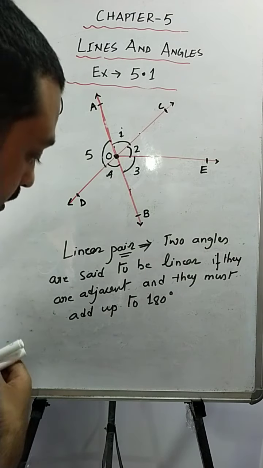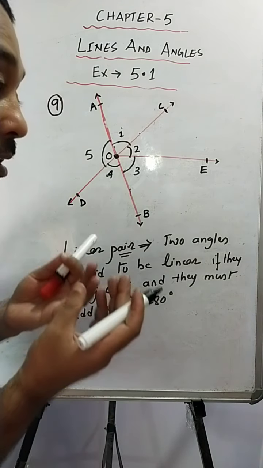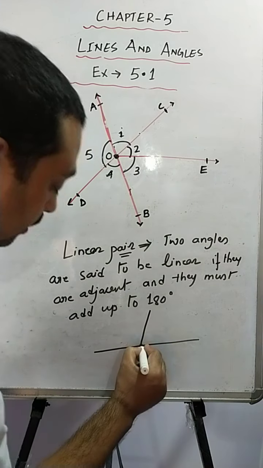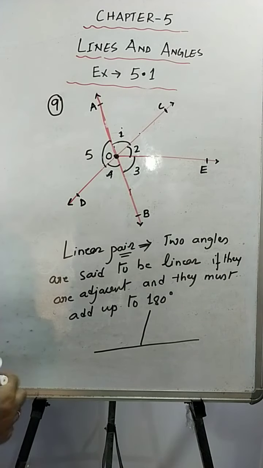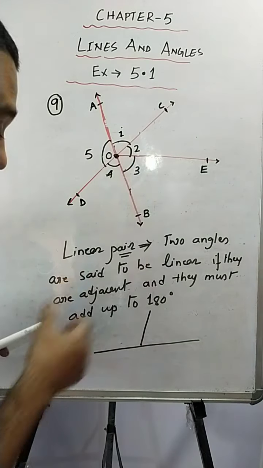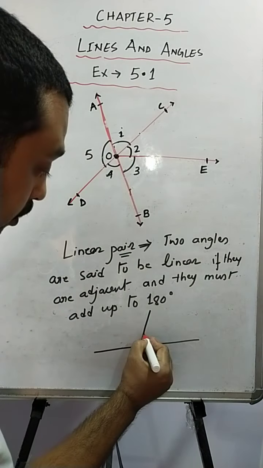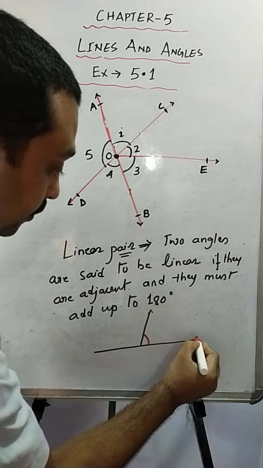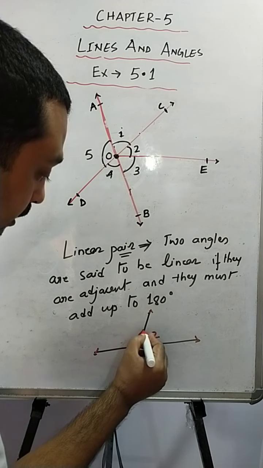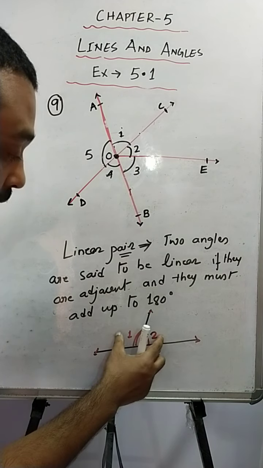So that means it is also called a supplementary angle. Now we are talking about two angles. Pair means only two angles, not three. So you see how many angles are formed here? Two. So these two angles are a linear pair.